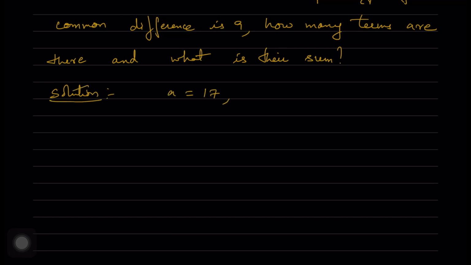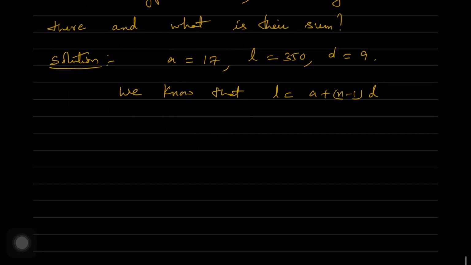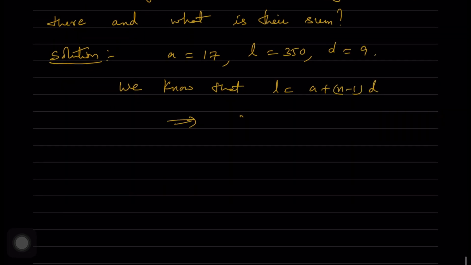here we have a is equal to 17, L is equal to 350, D is equal to 9. We know that L is equal to a plus n minus 1 into D, which implies that 350 is equal to 17 plus n minus 1 into 9.